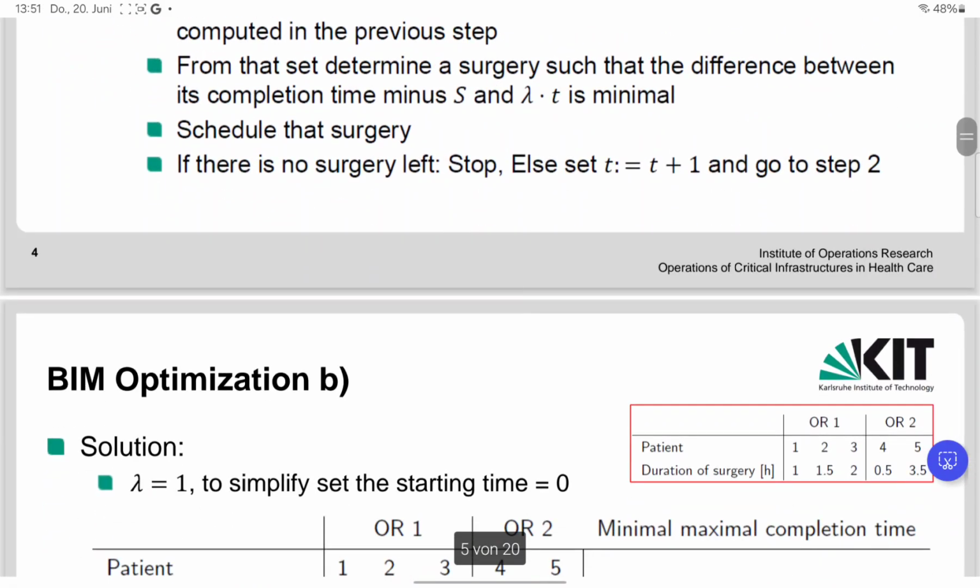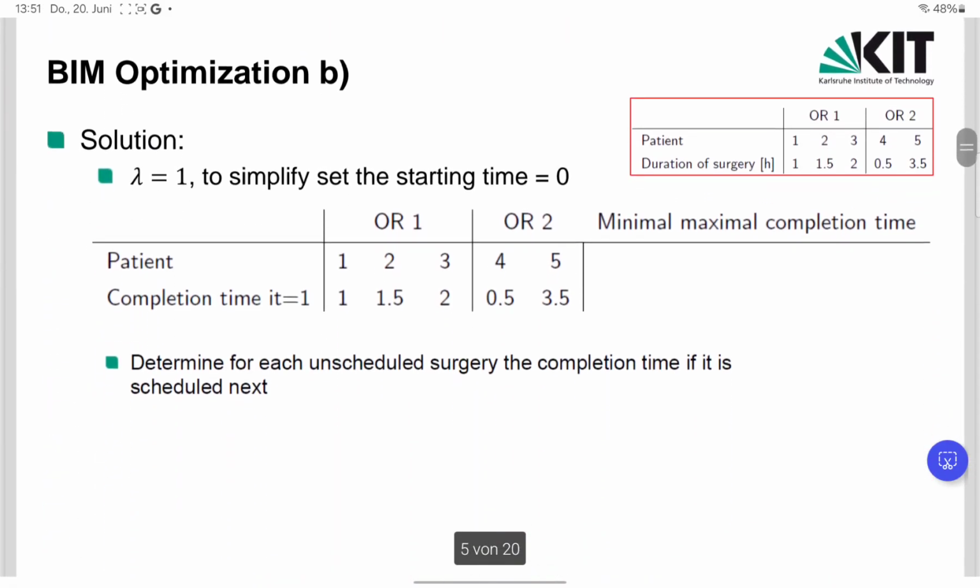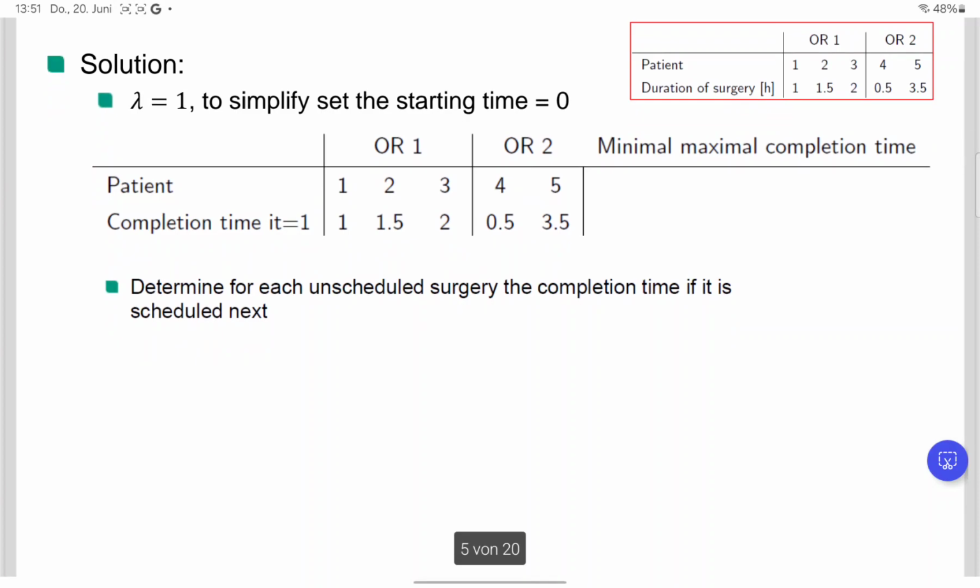The first task is to determine for each unscheduled surgery the completion time if it's scheduled next. So the completion times are 1 hour, 1.5 hours, 2 hours, 0.5 and 3.5. Because none of them have been assigned yet, these are the completion times for each patient.